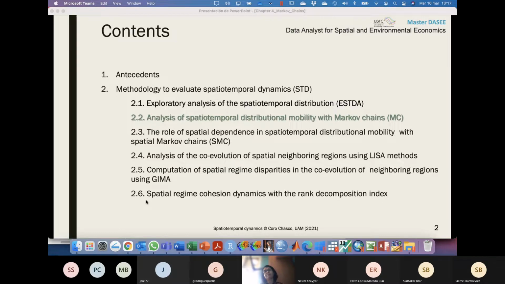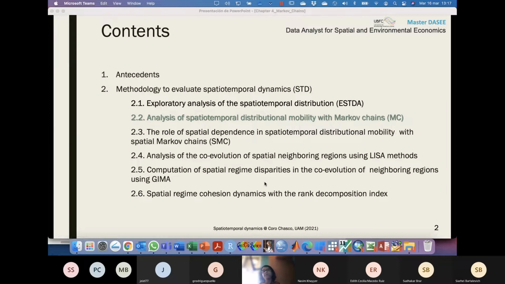These 4 steps are much shorter. I will prepare, of course, the slides, but they are going to be a few slides compared to the other topics, the other lessons. And I will only ask you to understand the spatial Markov chains or the LISA methods, since I've already explained in the first session, so I will go on quickly to that, even the GIMA and the rank decomposition index.